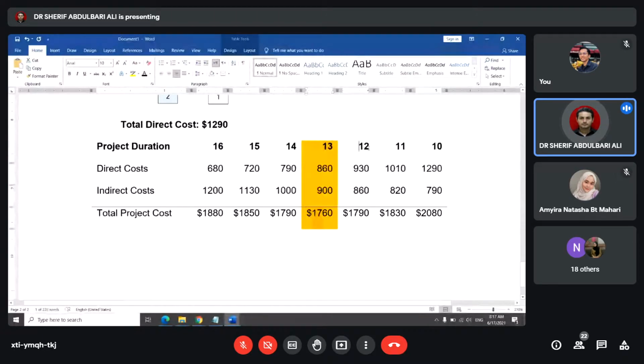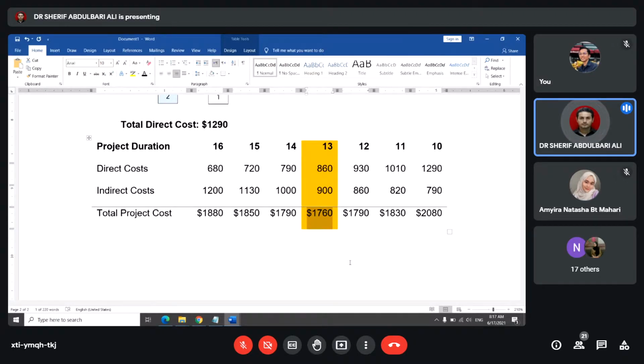And when you start with week 12, you're going to see that the cost starts to increase again, 1,790. So that means your optimum time to finish this project, or we can crash the project, is week 13 with this optimum cost that we are going to pay, 1,760. So I hope most of you came up with this answer.